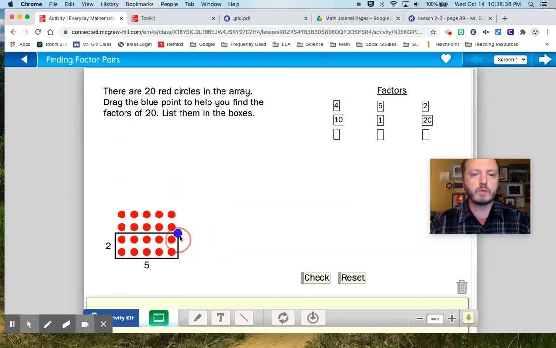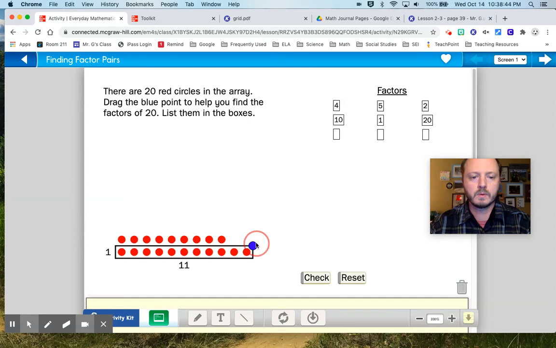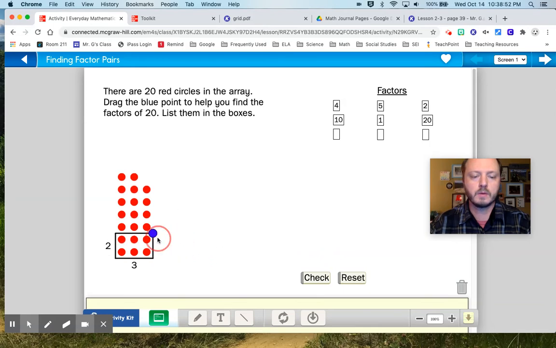Are there any more for 20? We've got 1 and 20 here. We've got, let's see, we've got 2 and 10. 3, nope, doesn't work. 4 works. 4 and 5, or 5 and 4. 6, does 6 work?